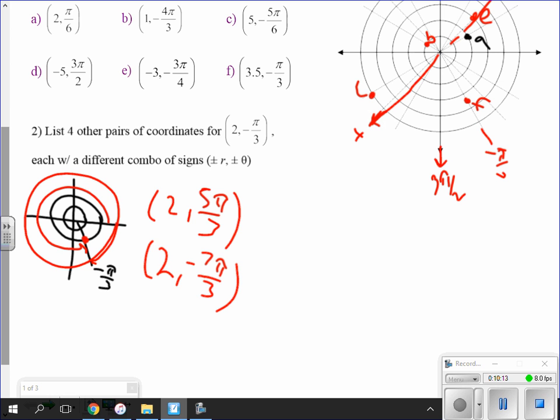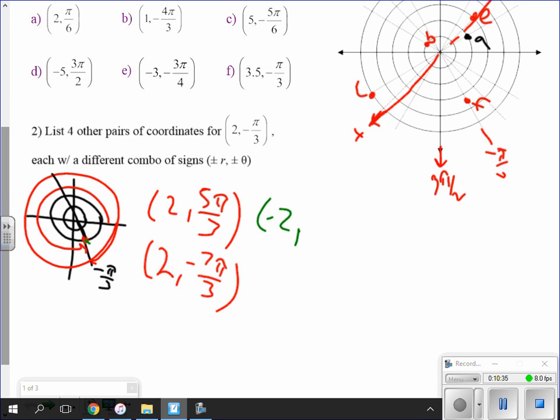Now, another trick is, let's say I want to be on the same line here. But I want to think about this instead of being two units out, I want to think about it being -2 units out. I want to go -2 instead of +2.